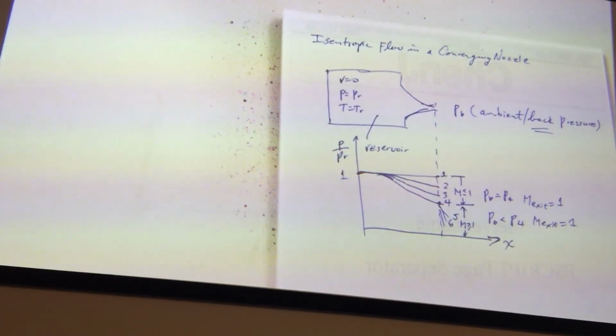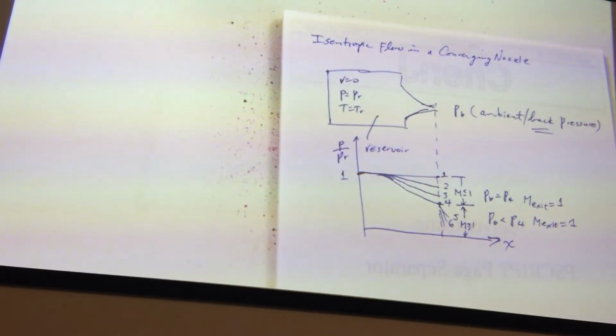And that signal can propagate all the way up to the reservoir. So the gas knows, okay, you are 20, oh, no, you are 50 now, let me accelerate more. But at some pressure, the Mach number at the exit is already 1. That means the signal, which propagates at sound speed, couldn't swim upstream.